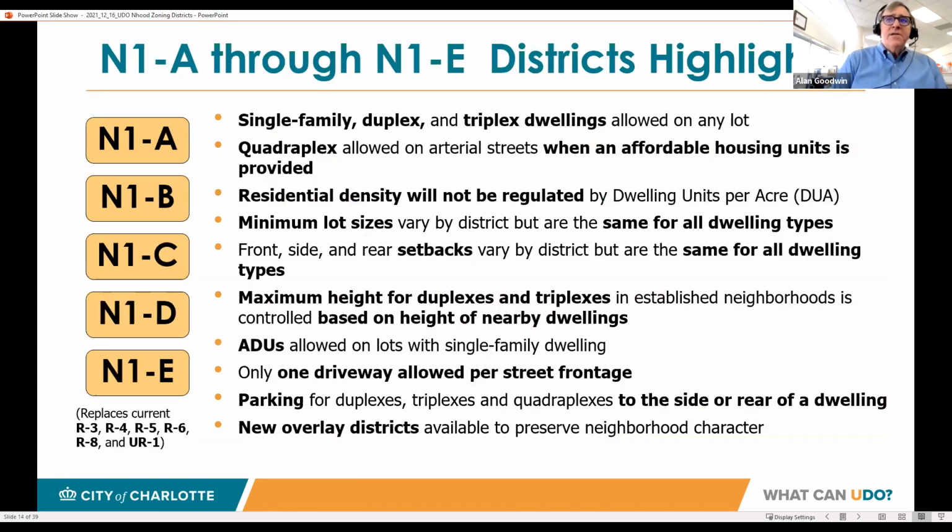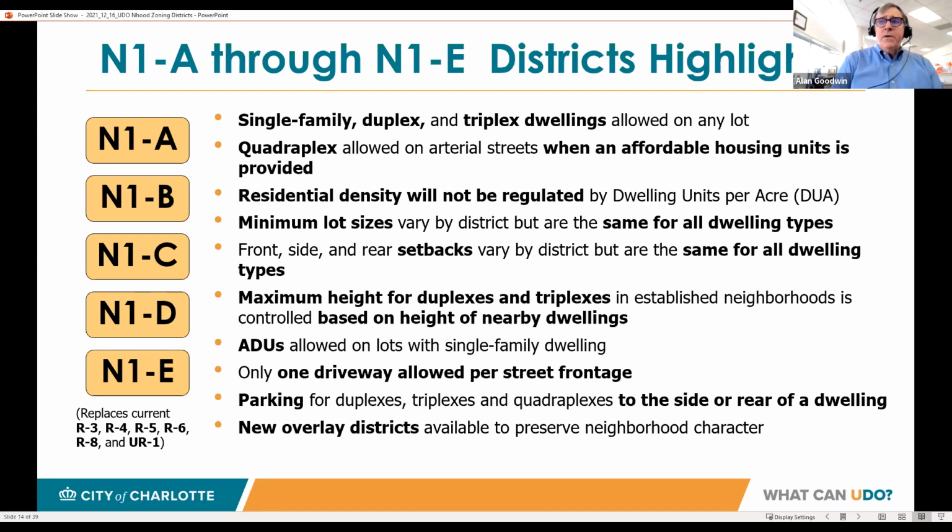So here are some highlights of those N1 districts. As I just mentioned, will allow all of those single-family, duplex, and triplex on any lot, quadruplexes on an arterial street. We're not regulating residential density the way we do today by dwelling units per acre, or DUA.